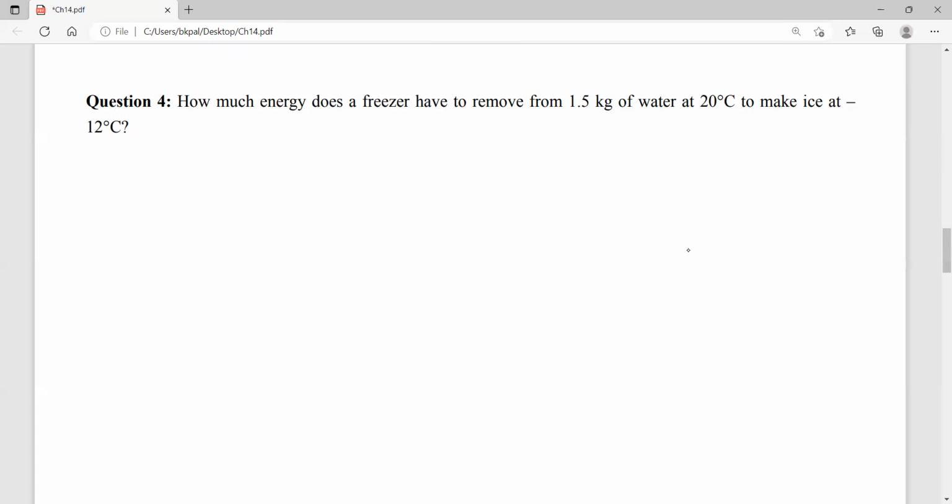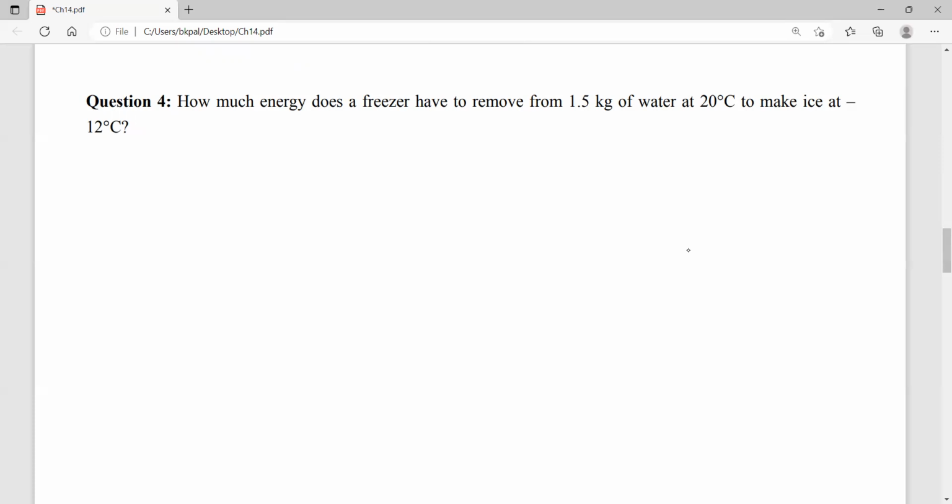So we have water at 20 degrees Celsius. You know that if you want to decrease the temperature, you need to remove the heat, and the refrigerator can remove the heat from the sample. How much heat we have to remove, that we have to calculate.